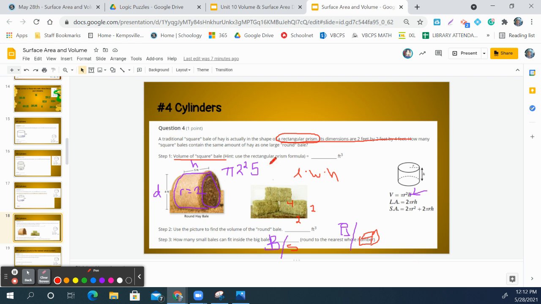So you want to find the volume of the cylinder bale, and then find the volume of the rectangular bales, and then divide them. Big divided by small gives you the last thing. How many small bales fit inside the big bale? Big divided by small.